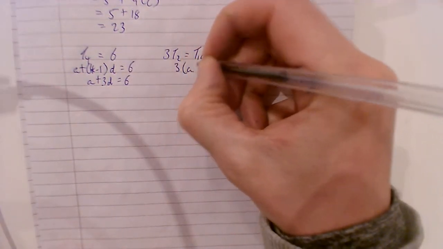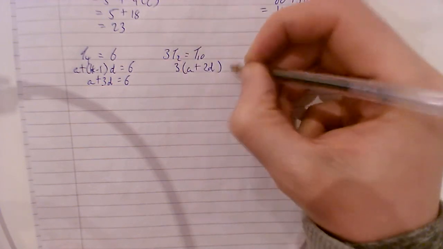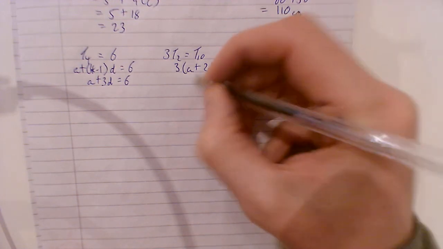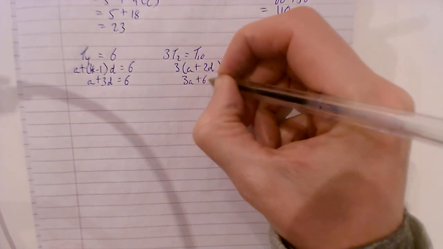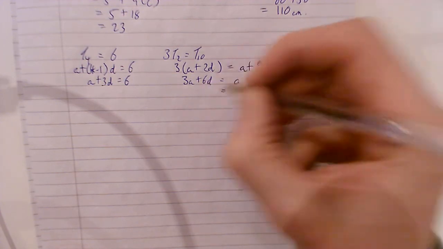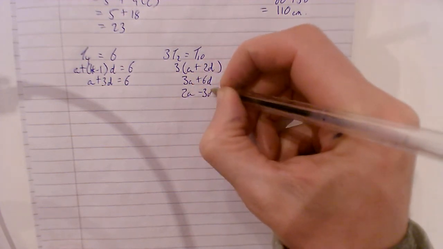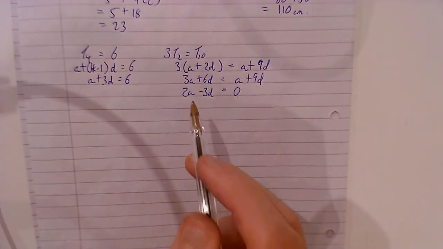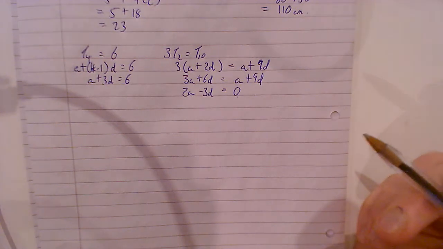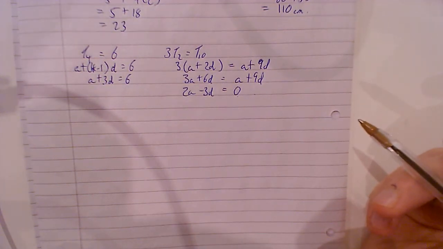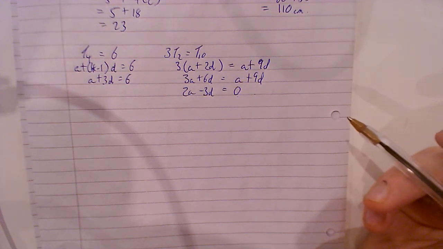That's 3 bracket a plus d, it's just one less, equals a plus 9d. n minus 1 is 9. That's 3a plus 3d equals a plus 9d. Bring it all to this side. 2a minus 6d equals 0. And we've got a simultaneous equation. Everybody's happy. That's simple. Simple-ish. You shouldn't really get too confused by that, but some people will, I'm sure.